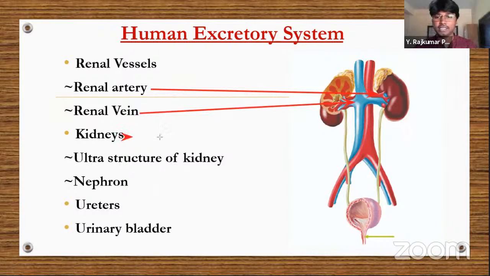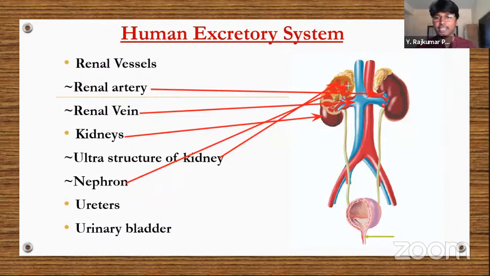Next, kidneys. You can see the kidney structure here. We learn about the structure of the kidney in the next slide. Next, the ultrastructure of the kidney, which we will also study. A nephron is located inside the kidney, and there are ureters.